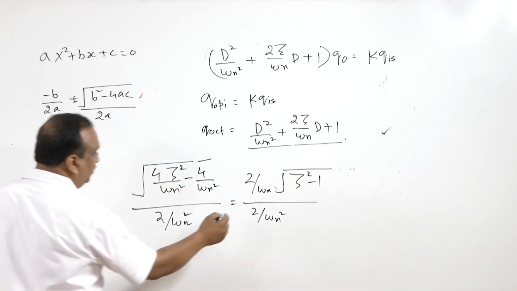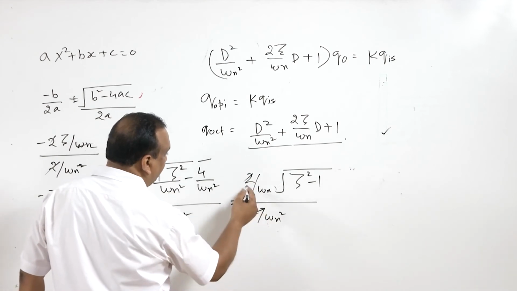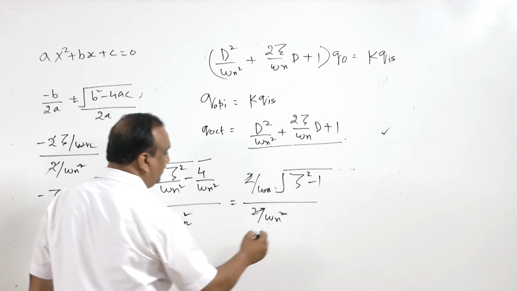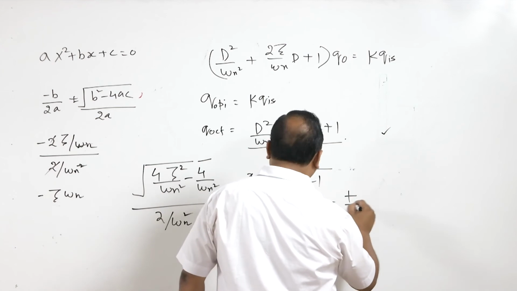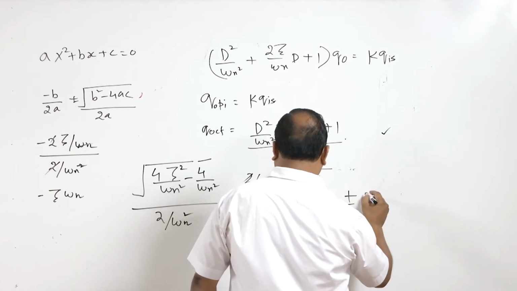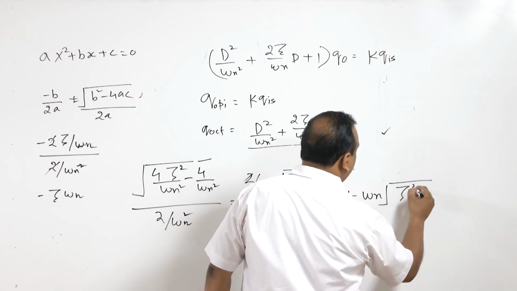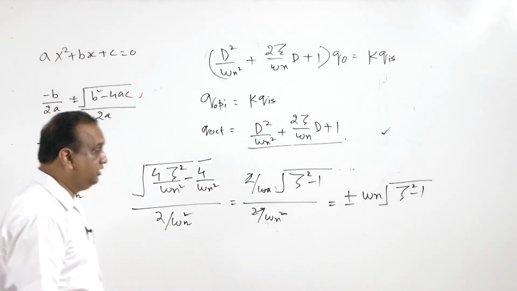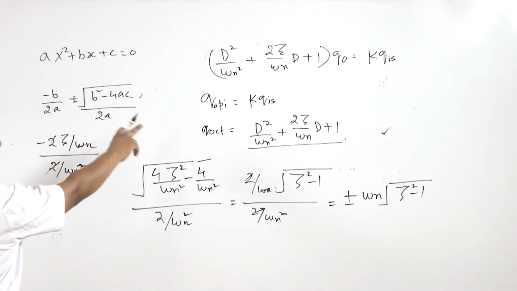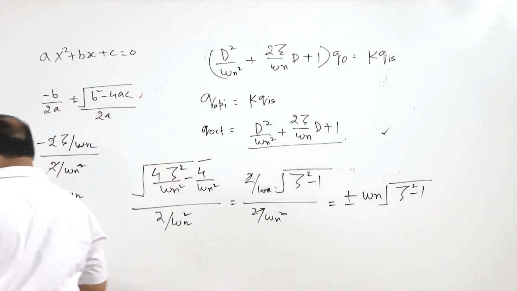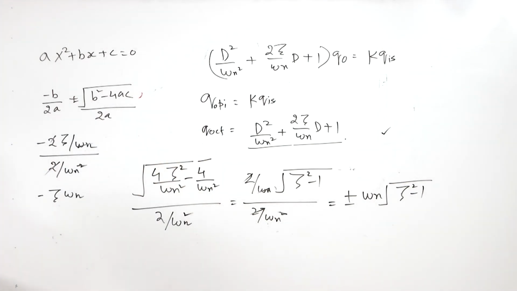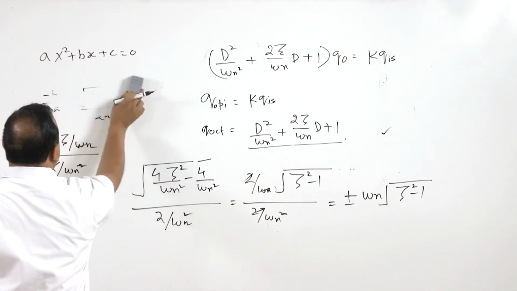Here the 2 will cancel, and omega n with omega n, and then we get plus or minus omega n under root zeta square minus 1. So the solution for this equation has two roots.